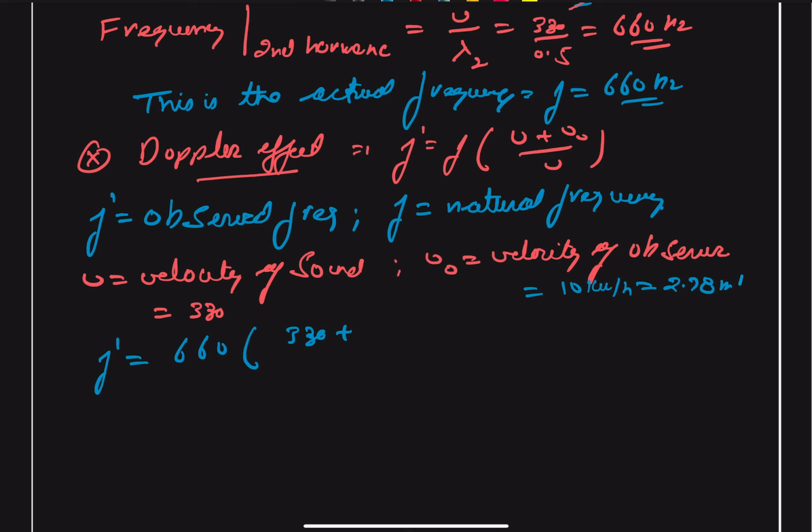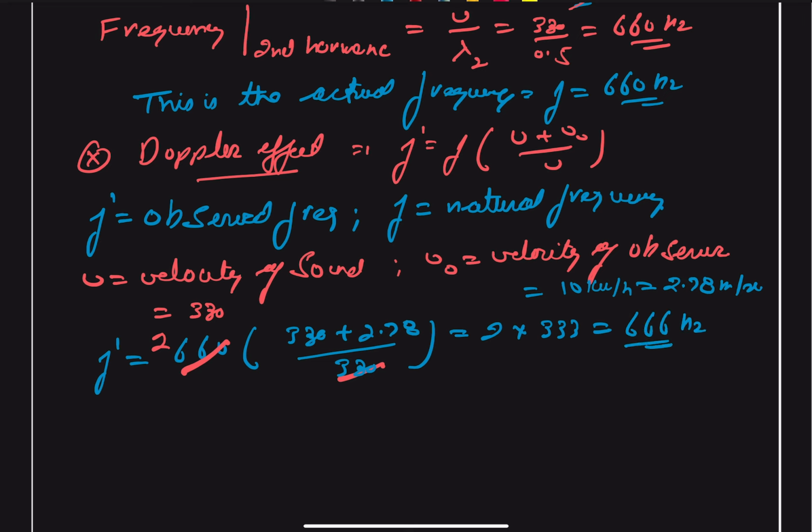So we substitute it here, 2.78, and divide by 330, and this goes by 2, so we are left with 2 multiplied by approximately 333, which gives us 666 hertz. So this is the apparent frequency which will be heard by the observer.